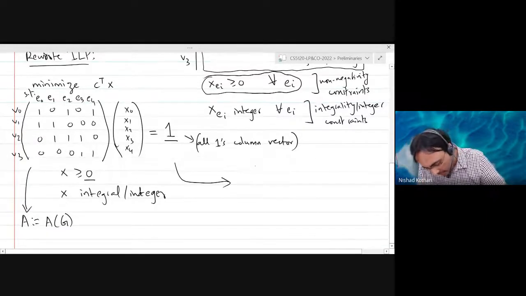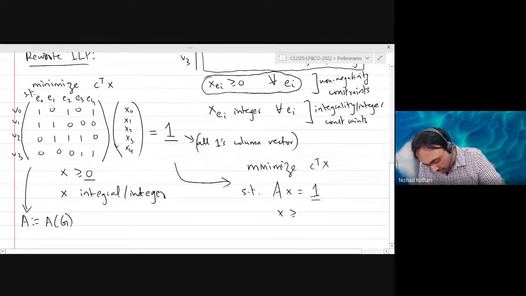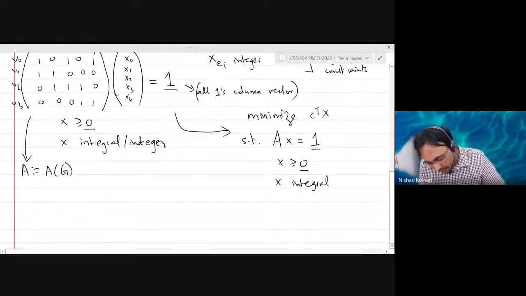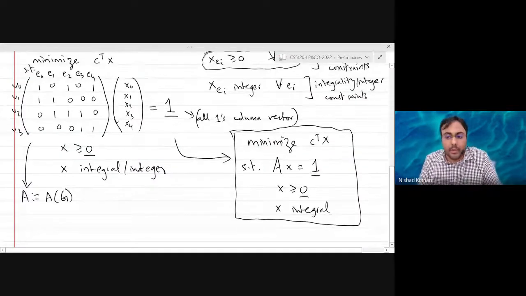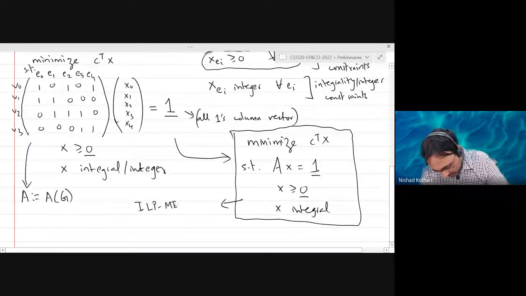We have: minimize c transpose x subject to the matrix A times x equal to 1, x being at least 0, and x being an integral vector. This is a compact way to write down the ILP for the minimum cost perfect matching problem. So I'll just call this the ILP for min cost perfect matching.